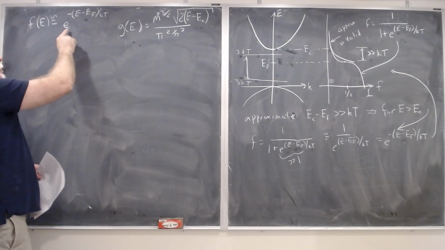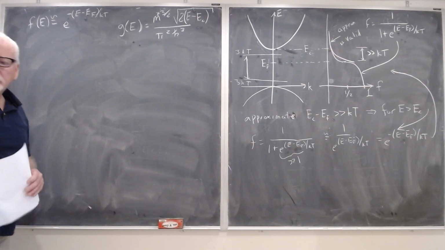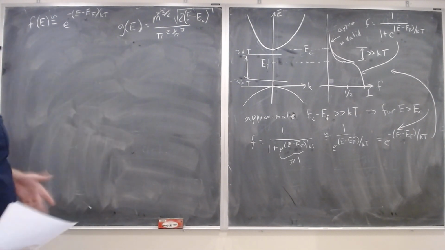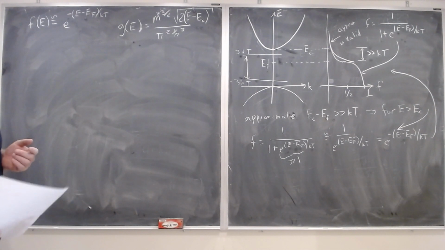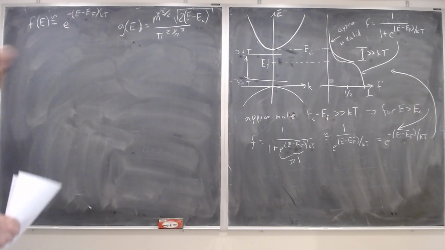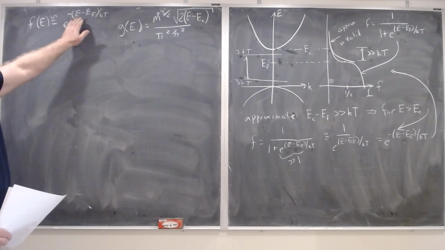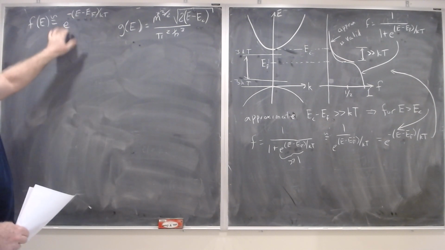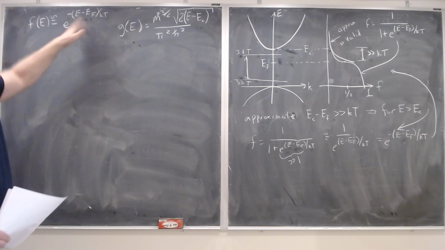So that's e to the minus some positive quantity, and that's the correct way to think about it. If I flipped it and put positive signs, it would actually get more confusing. For energies above the conduction band minimum, this is e to the minus a positive quantity, which is of course less than 1.